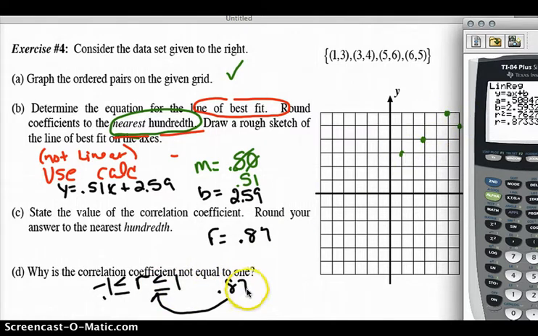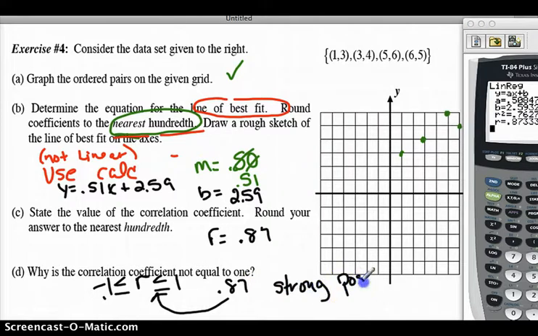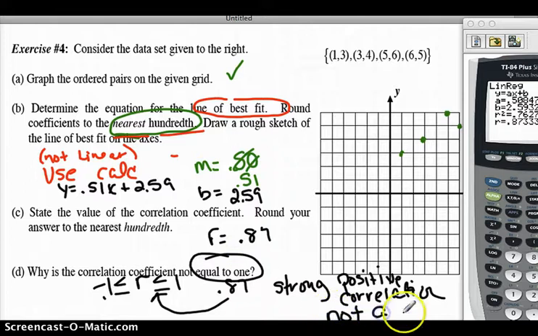But 0.87, that's like close to 0.9. That's very close to 1. Therefore, it is called a strong positive correlation. And the reason why it's not equal to 1 is because it's not a line.